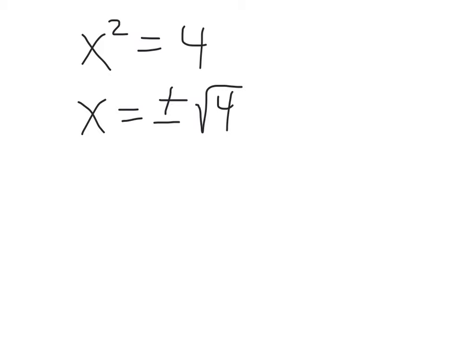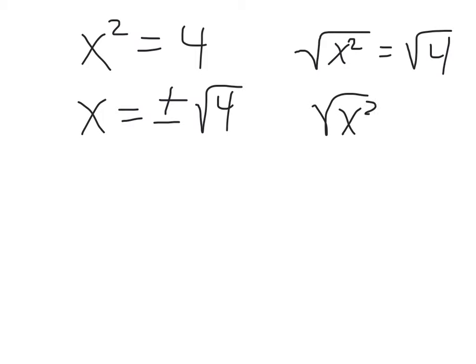And actually, we're kind of jumping over a property in mathematics that we do need to discuss here. When we square root both sides, technically the square root of x squared is not just the value of x. Technically, the square root of x squared is the absolute value of x.